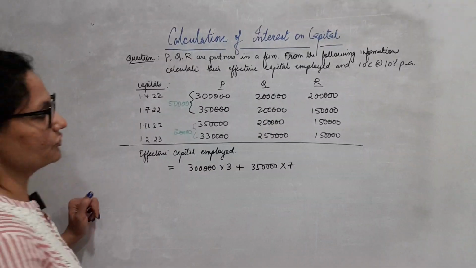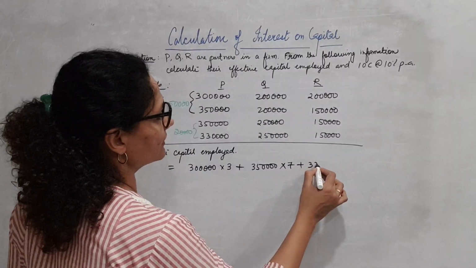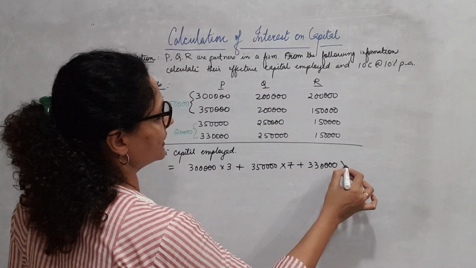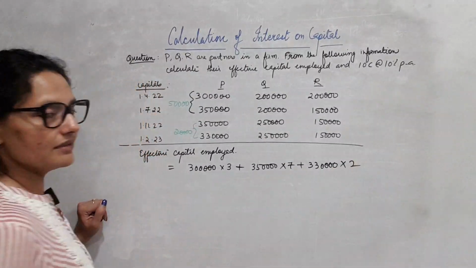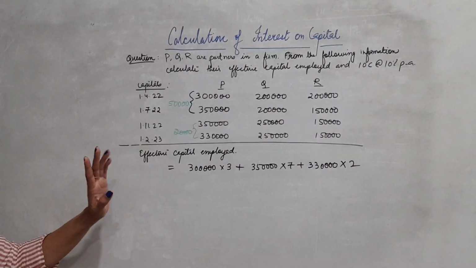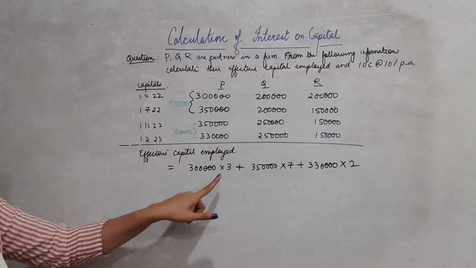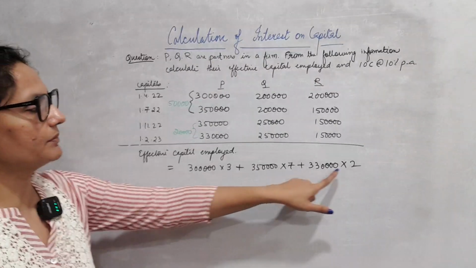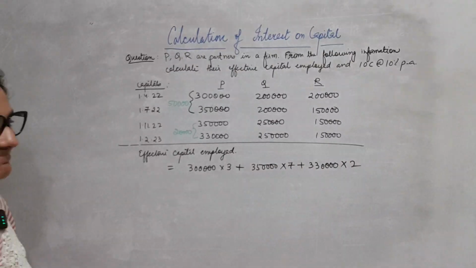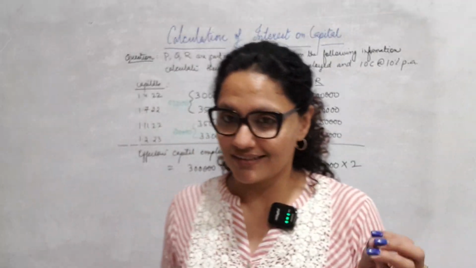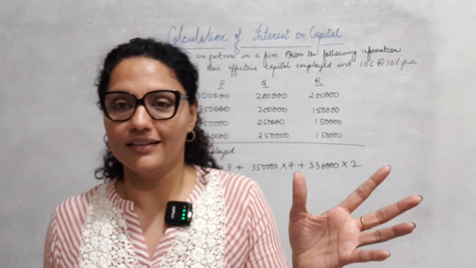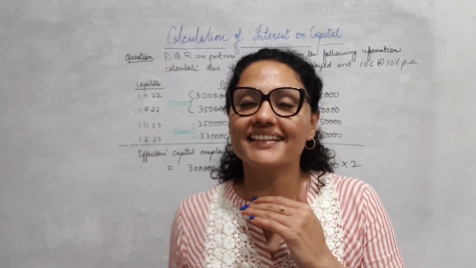Then it changed to 3,30,000. So we multiply 3,30,000 by 2 months. Feb and March, the last 2 months, it remained at 3,30,000. So just cross check, 3 plus 7 plus 2 should come to 12. Even if you have made a mistake somewhere, you will get to know.